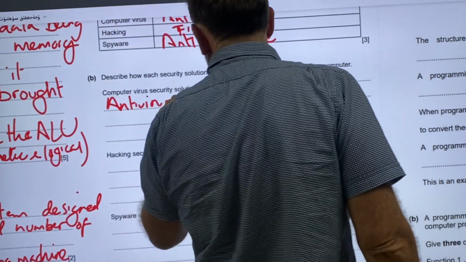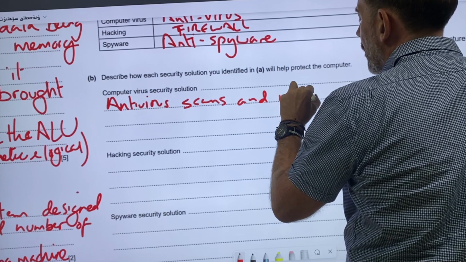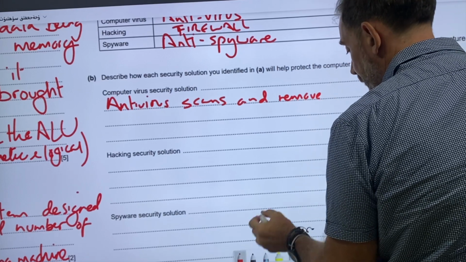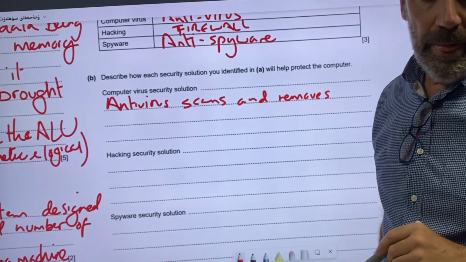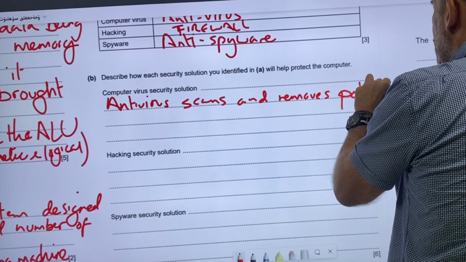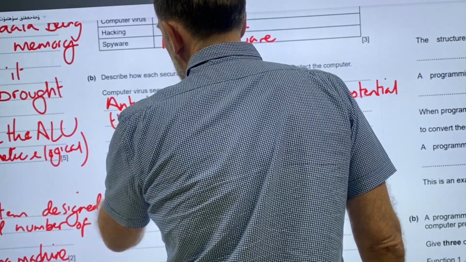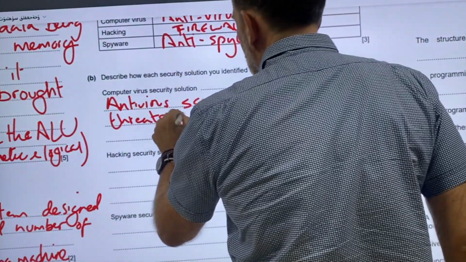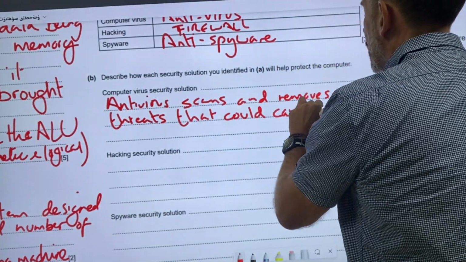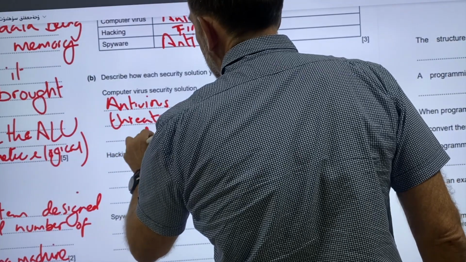Antivirus scans and removes potential threats that could cause malicious damage.